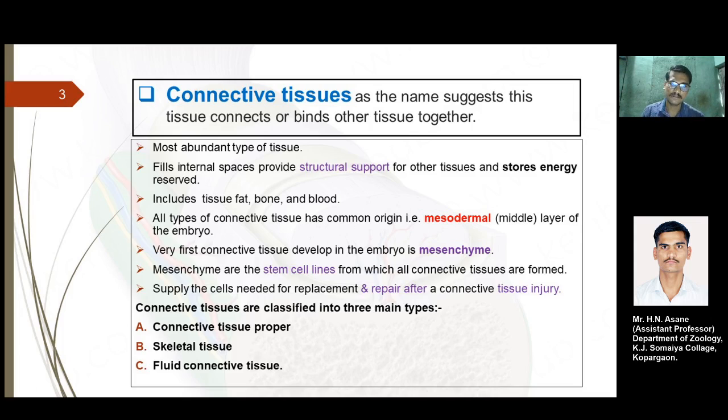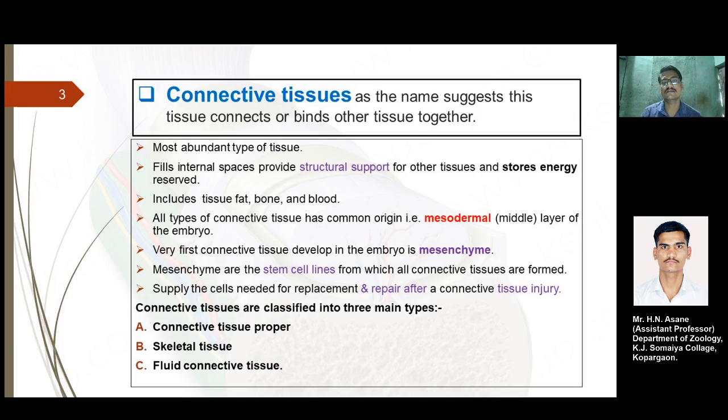The most abundant type of tissue is the connective tissue. They are scattered, and their presence is all over the body, all over your systems, and in your cell linings. The connective tissues fill internal spaces and provide structural support for other tissues.